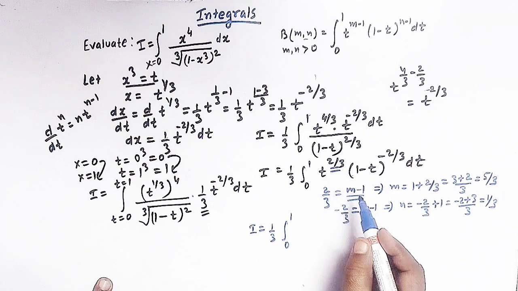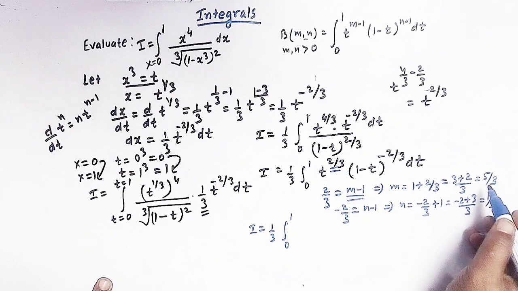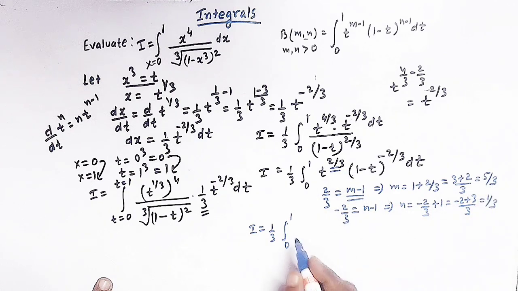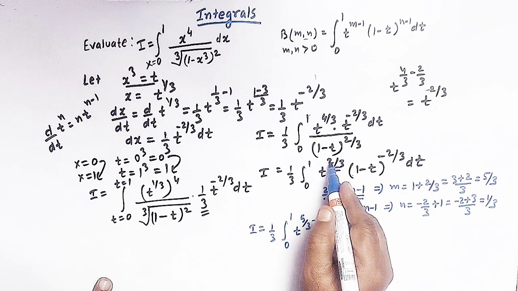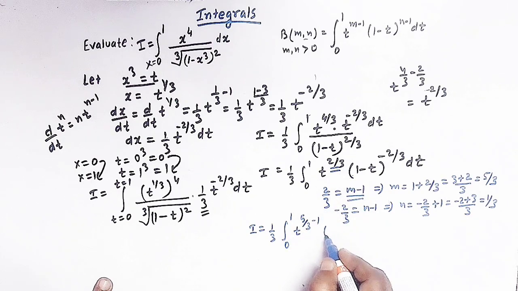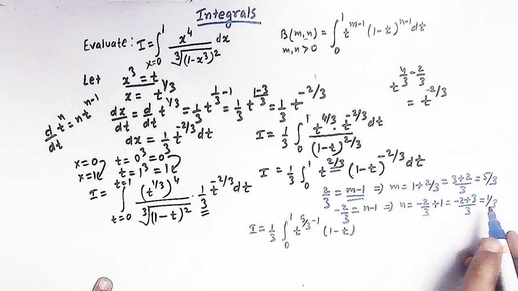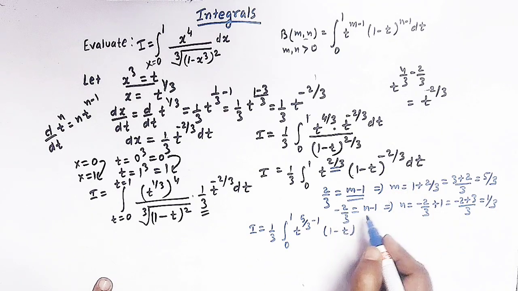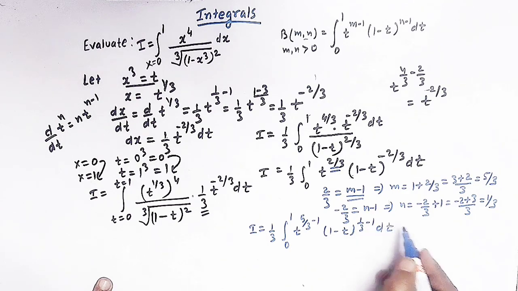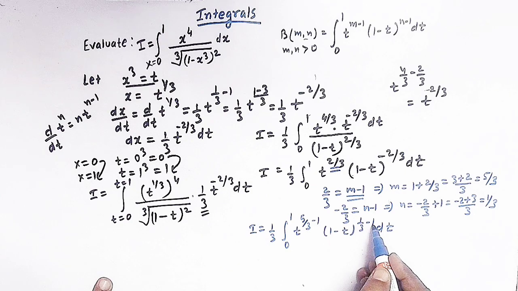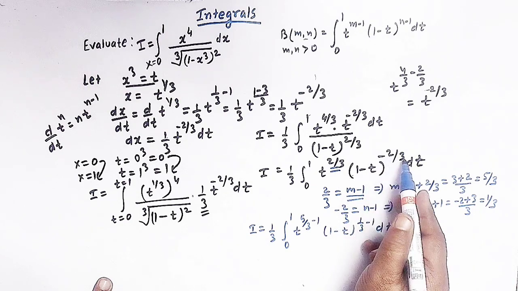So 2 over 3 is equal to m minus 1, and m is 5 over 3. So we can now write t raised to 5 over 3 minus 1, because 5 over 3 minus 1 is again 2 over 3. And then we have 1 minus t raised to minus 2 over 3, and n is 1 over 3, so minus 2 over 3 is 1 over 3 minus 1, and here we have dt, and 1 over 3 minus 1 is minus 2 over 3.